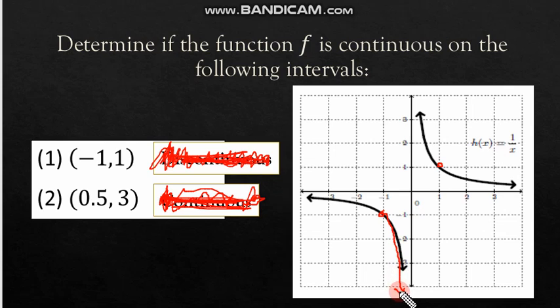And right after x equals 0, we start from positive infinity and trace going to x equals 1. Since there is an interruption at x equals 0, our function is discontinuous on the interval from -1 to 1.